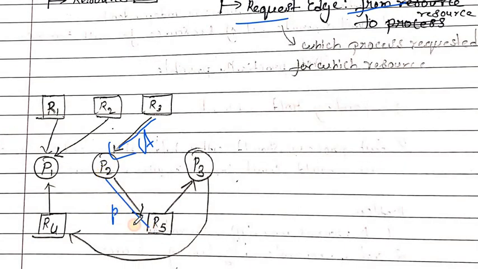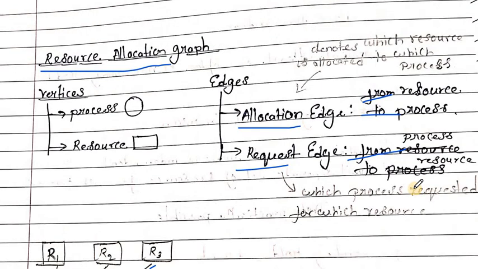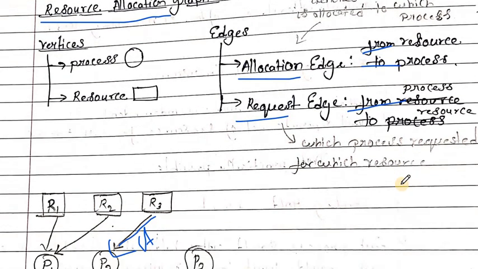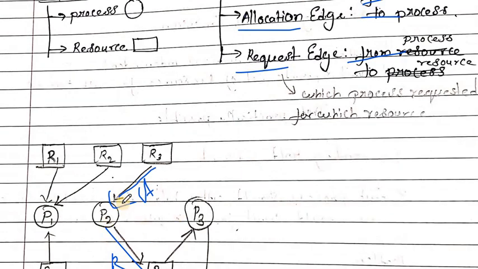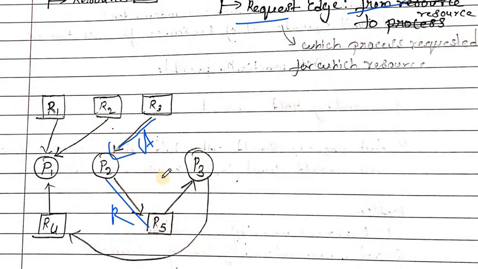The allocation edge denotes that resource R3 is assigned to process P2, and the request edge denotes that P2 is requesting resource R5.